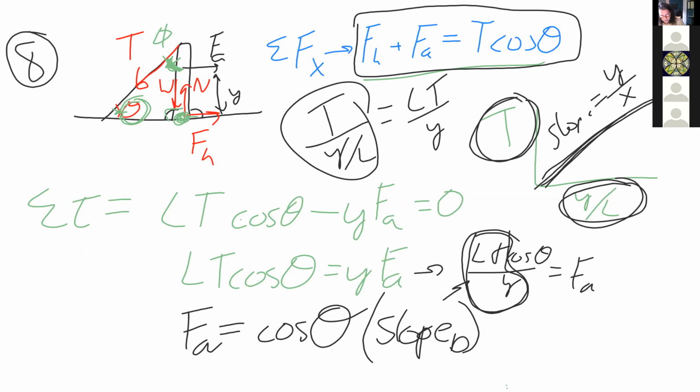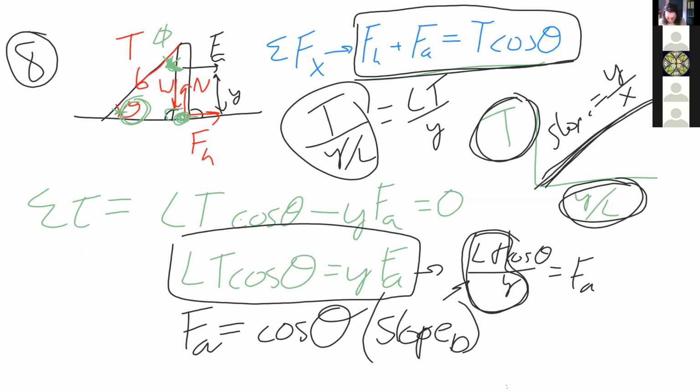Let's see. Okay, let me write down these equations that I have real quick. I have this equation and this one. f sub h plus f sub a is equal to T cosine theta. And the second equation was LT cosine theta equals y times f sub a.